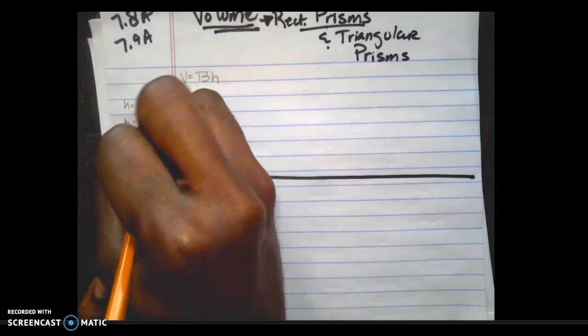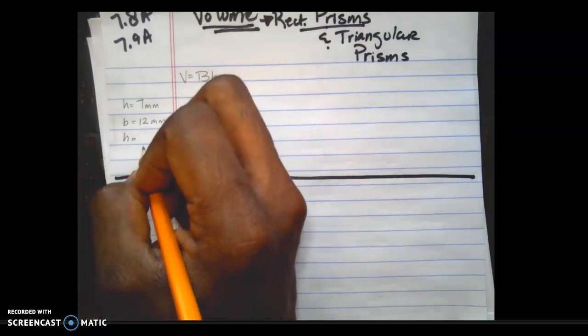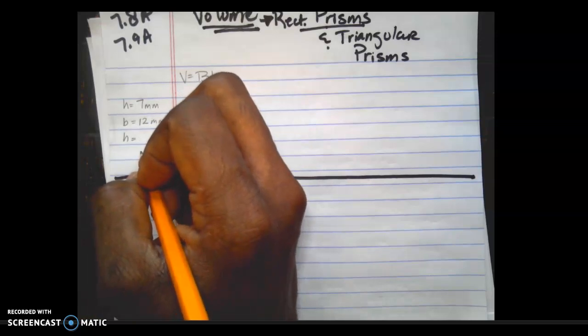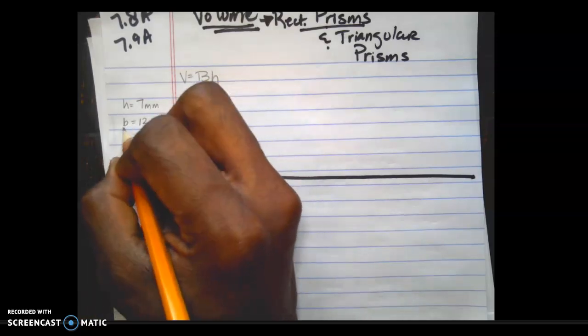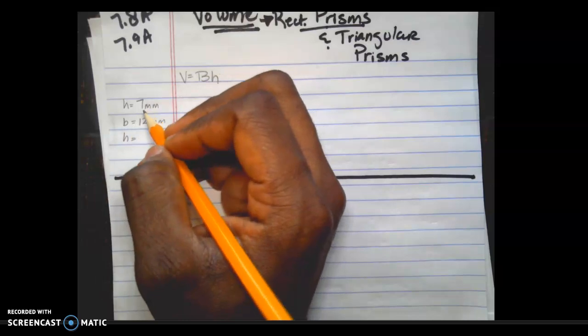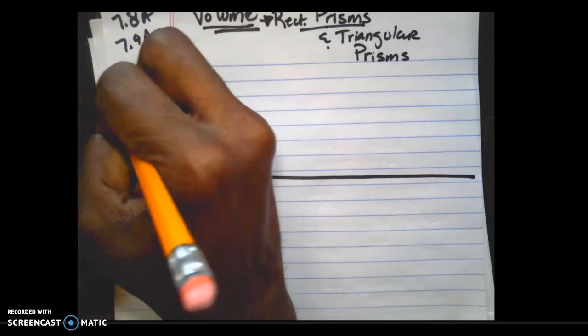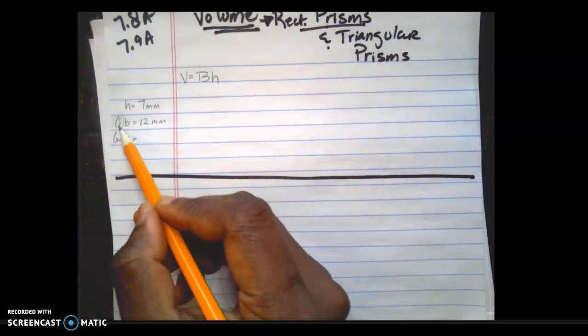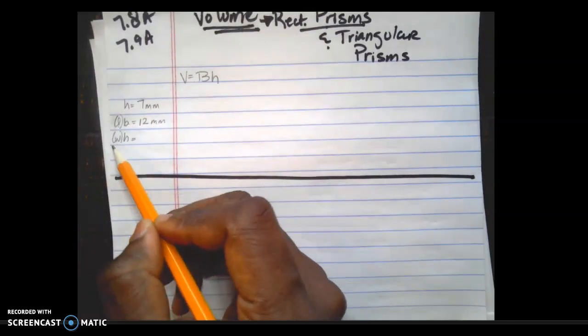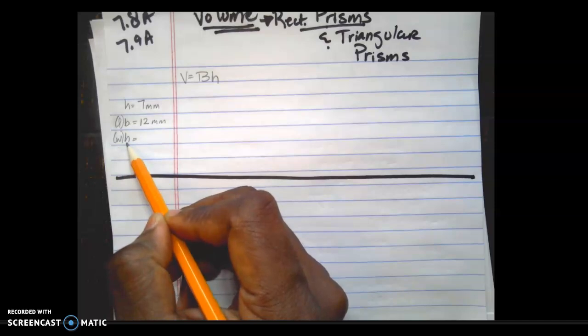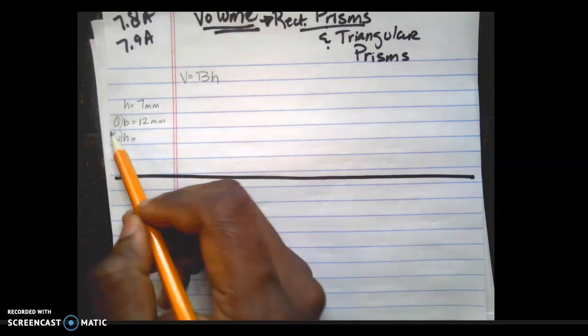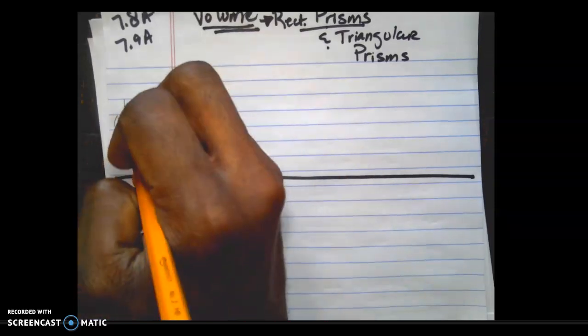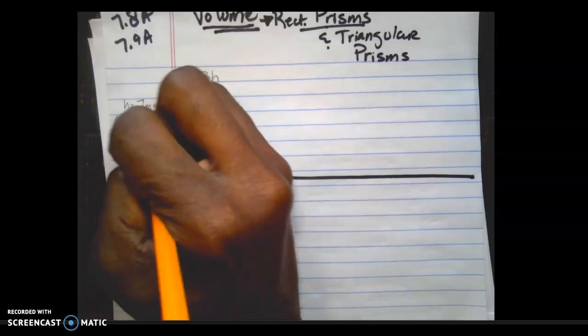And then the height of the base shape. Now remember, your base shape in this case was a rectangle. We are identifying little b or L, whichever. Remember, this can correspond with L, but being that we're in middle school now, we're not going to refer to this as L. We're going to refer to this as b. We know that the height of that base also corresponds to W, length times width, or base times height. Same thing. Okay? I know that this is 15 millimeters.